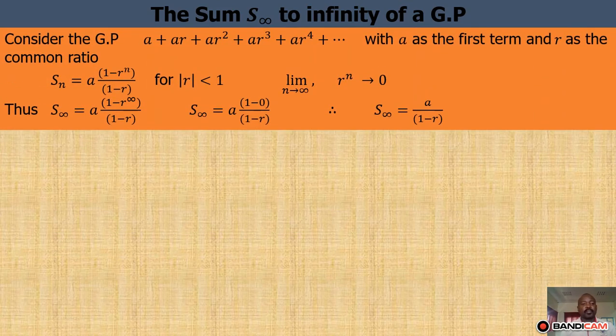Let us look at the sum to infinity of a GP. Let us consider the GP A plus AR plus AR squared plus AR cubed plus AR power 4 plus, up to infinity, with A as the first term and R as the common ratio.